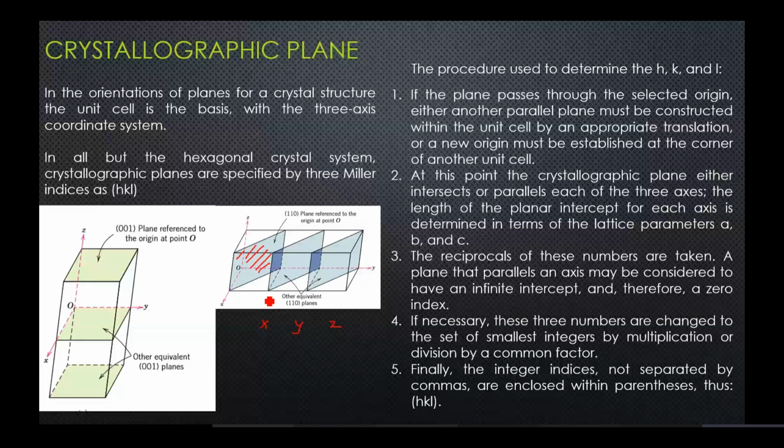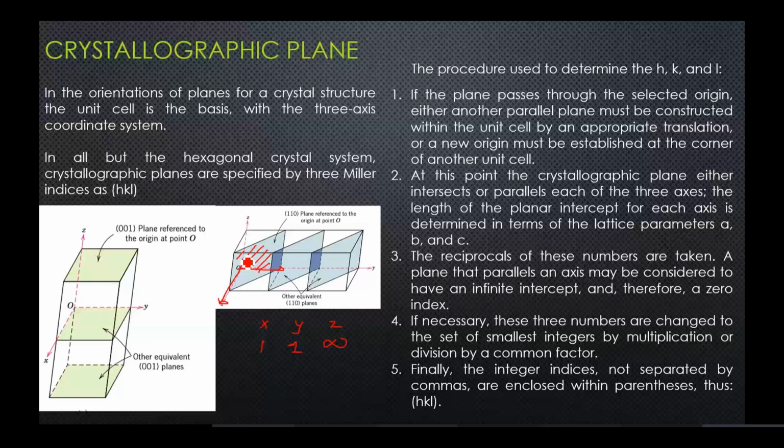Now, if that condition is satisfied, I move to the second step and find the intercepts of the plane. The intercept with the x-axis is 1. The intercept with the y-axis is essentially 1. And the intercept with the z-axis is infinity, since it is parallel to the z-axis.